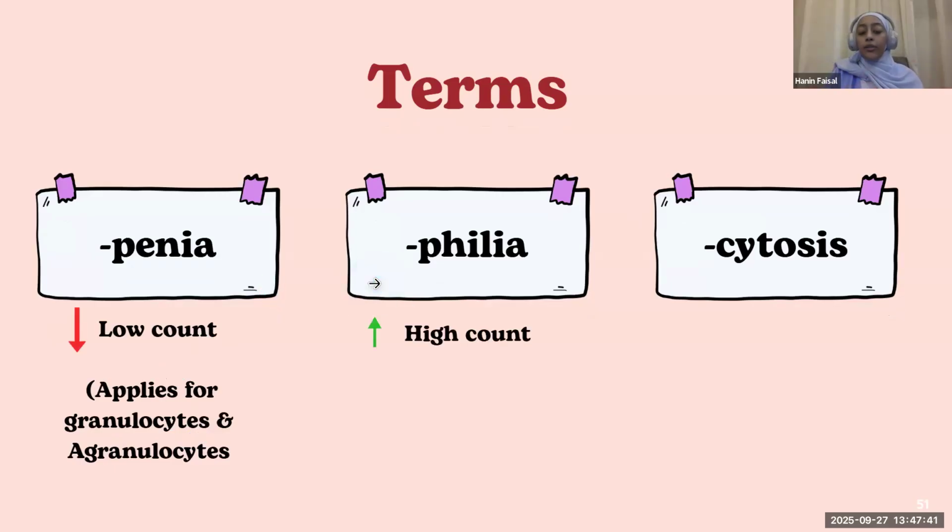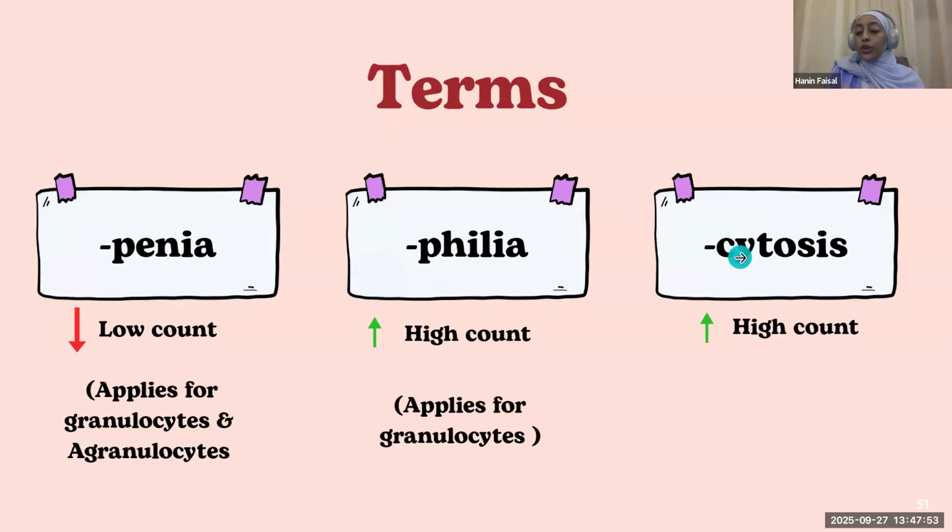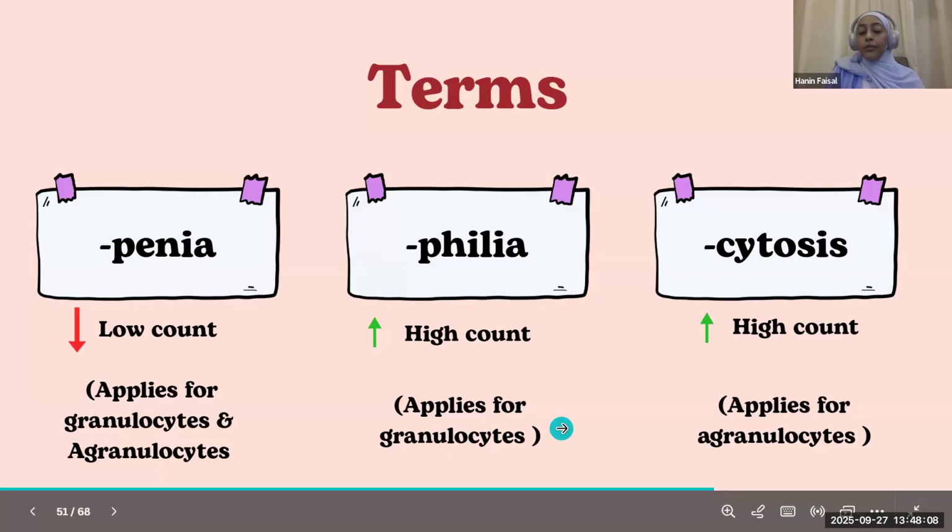Philia is the opposite, a high count, for granulocytes. So you say neutrophilia, basophilia, eosinophilia, meaning you're going to have a lot of this specific type of cell. Cytosis is also a lot, but for the agranulocytes. So you say lymphocytosis, monocytosis. You can't say lymphophilia. The term philia is only used for the granulocytes, which are the neutrophils, basophils, and eosinophils.